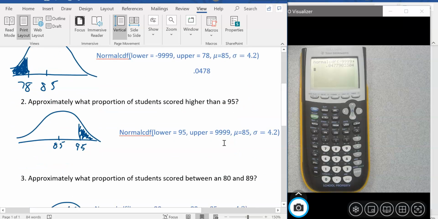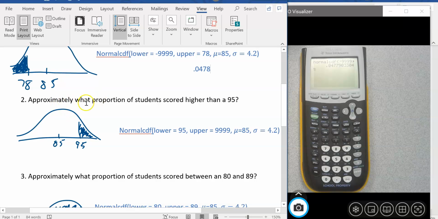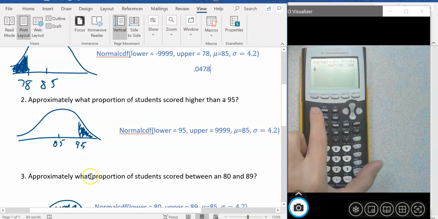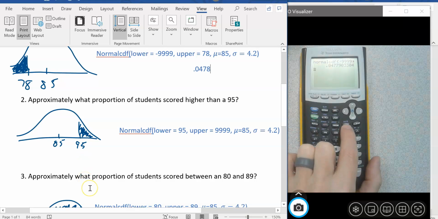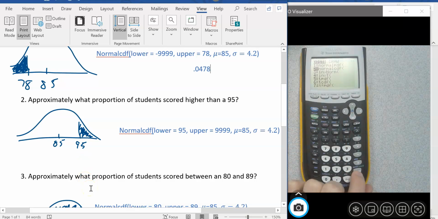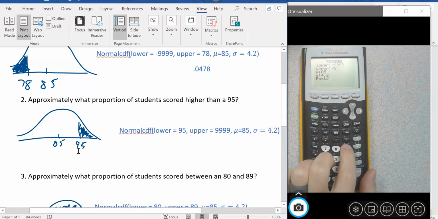Number two. Same idea, approximately what proportion of students scored higher than a 95. So here's my picture. I go in my calculator, second, distributions, back to normal CDF, and now I just need to adjust my bounds. The mean and the standard deviation stay the same, but my lower bound is the lowest value shaded, which here is 95.